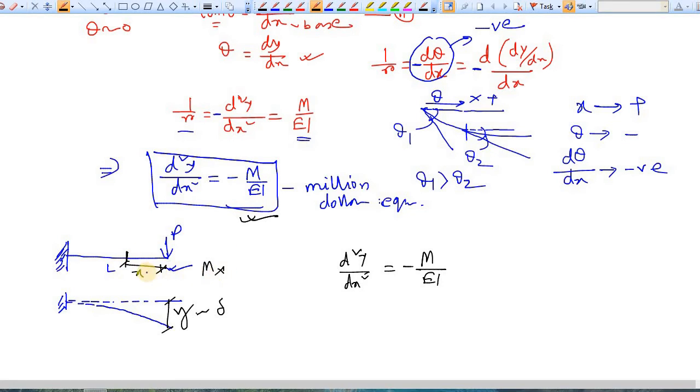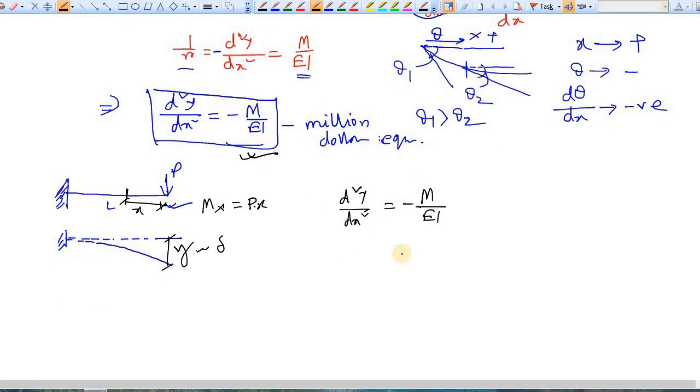So what is the moment at a distance of x from the free end? Simply P times x. So it becomes minus Px by EI. EI is constant, load is also constant. The only variable is x, which varies from 0 to L.